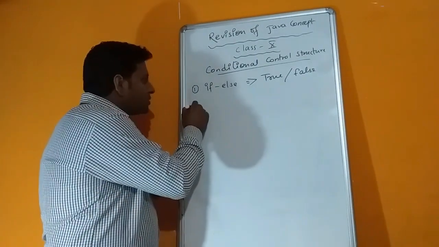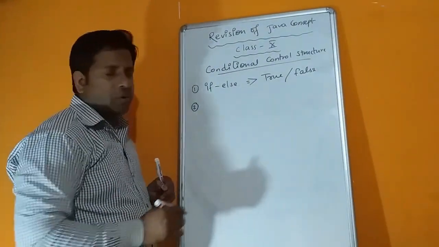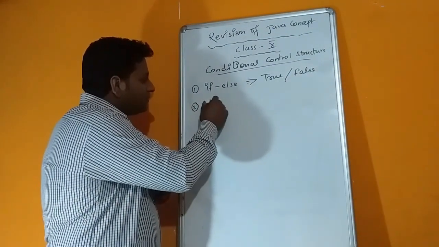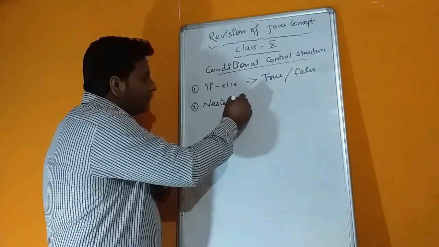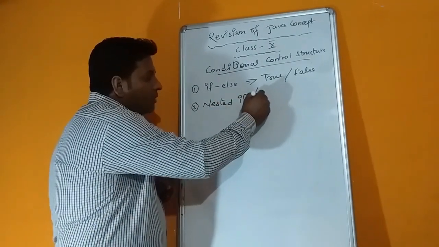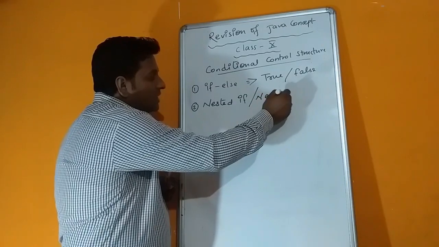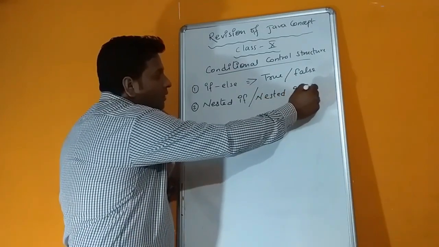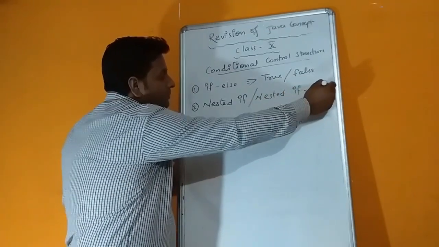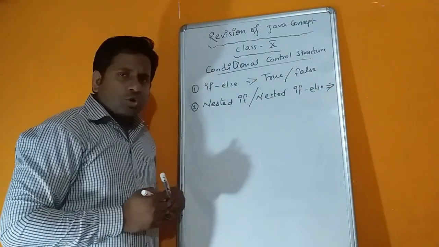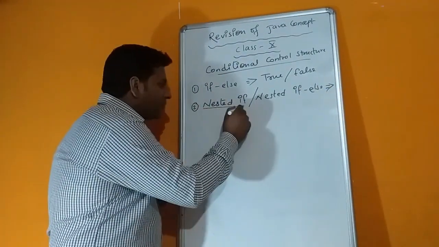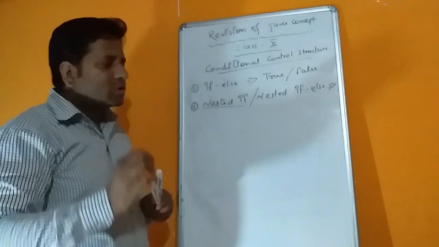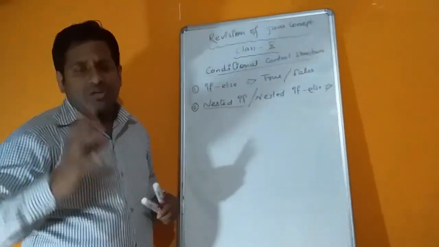Now the second part of conditional control structure is nested if or nested if else. So children, nested if only focuses on positiveness, that means the true statement.